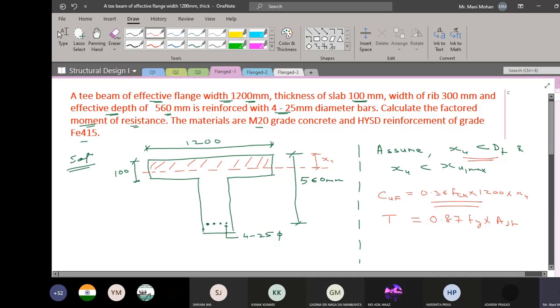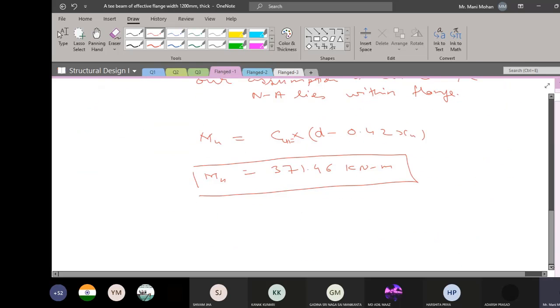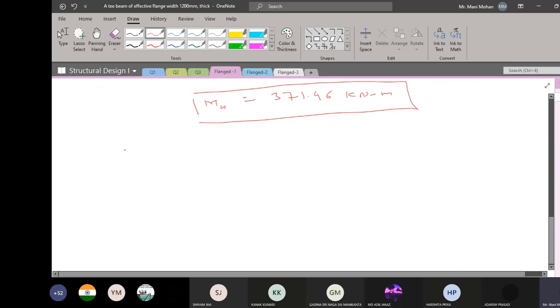If your compression force in flange is going to be more than the tension force, then you will say your neutral axis is going to lie in the flange. Please see the concept here. Rather than making this assumption, this is another way of ascertaining where exactly my neutral axis is lying.